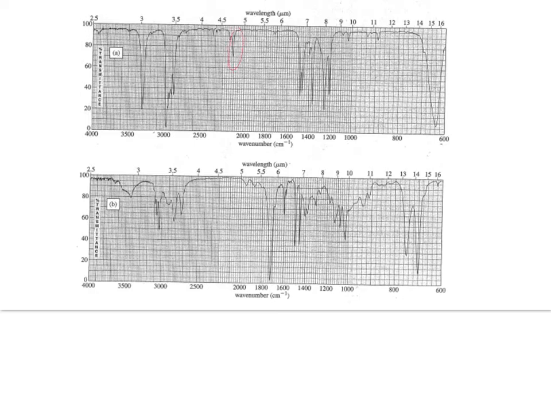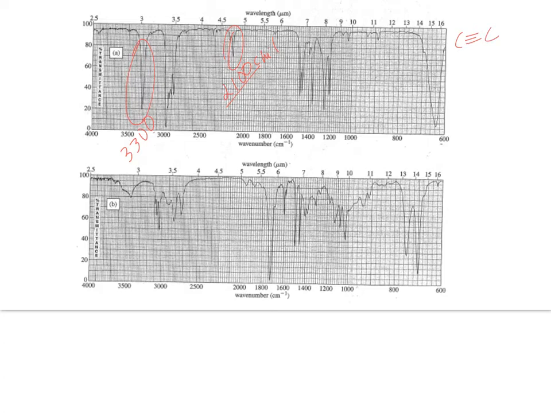we have a weak peak here around 2100. Then we have a strong peak here, and that strong peak's around 3300. Anything around 2300 is a triple bond.